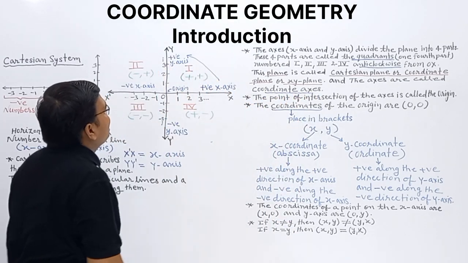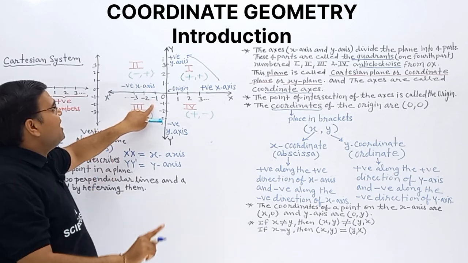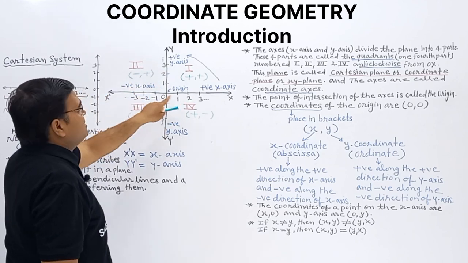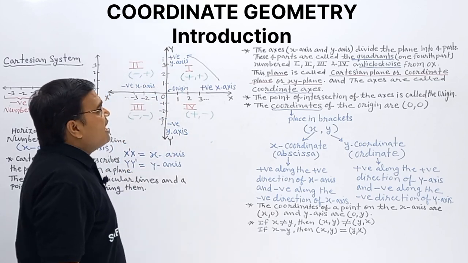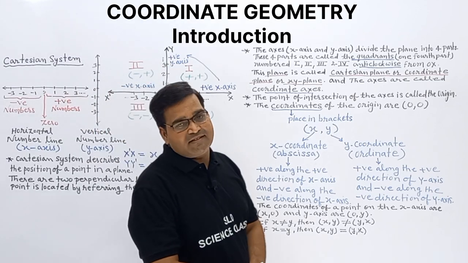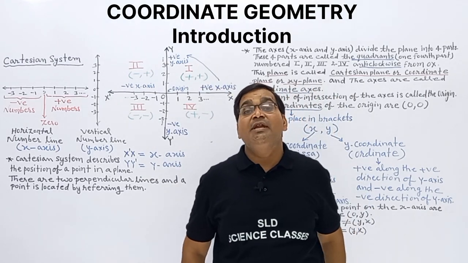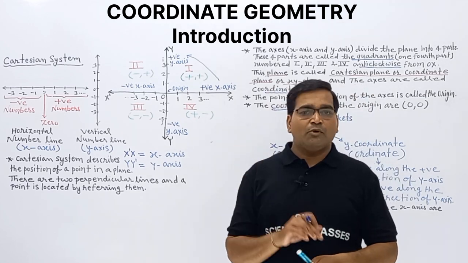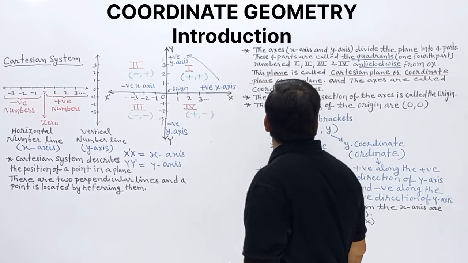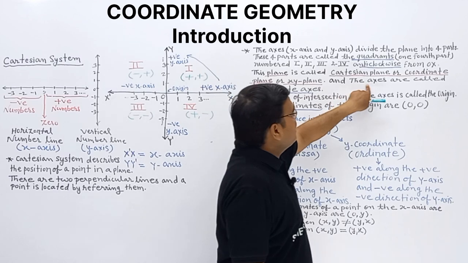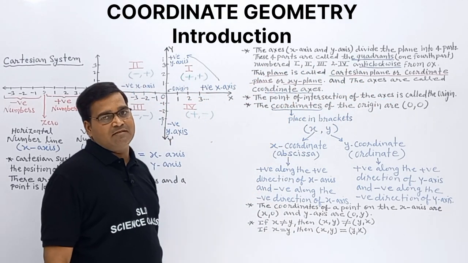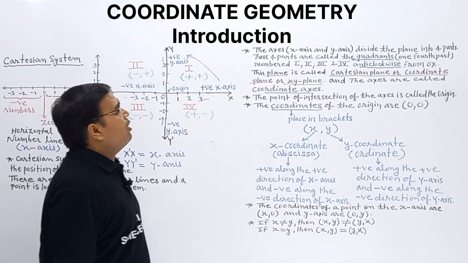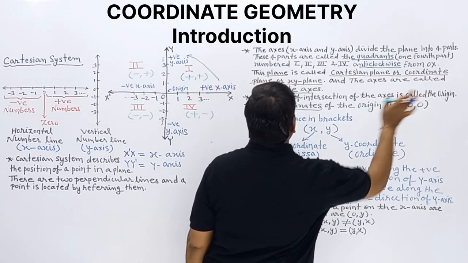This plane is called the Cartesian plane, coordinate plane, or XY plane, and these two axes, the x-axis and y-axis, are called coordinate axes. Combined, we say coordinate axes. You should memorize this name, as sometimes it may be asked in objective questions: what is the name of the axes of the coordinate plane? Coordinate axes.